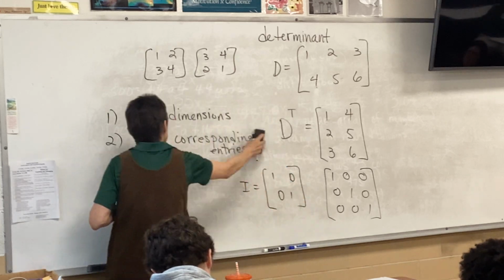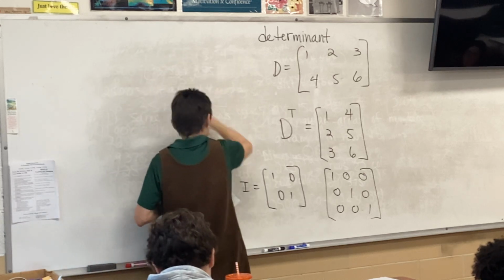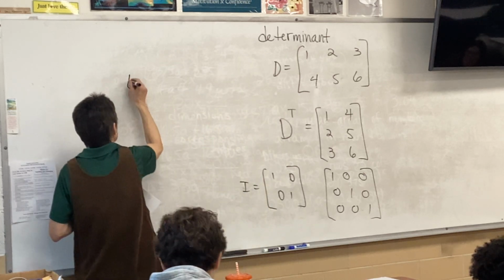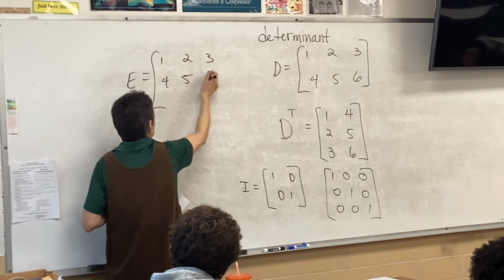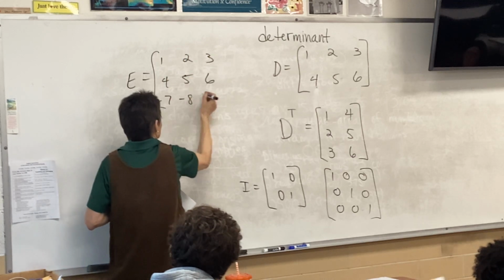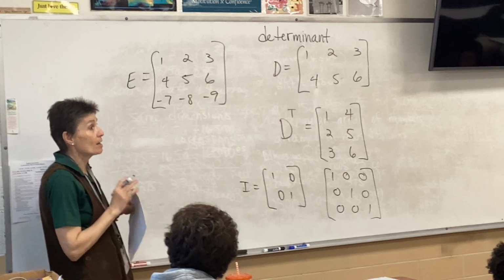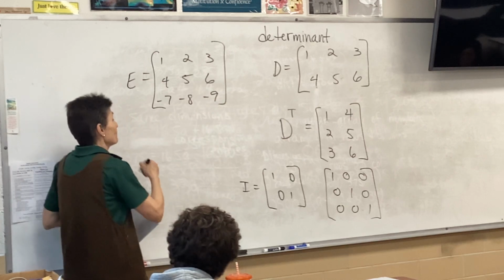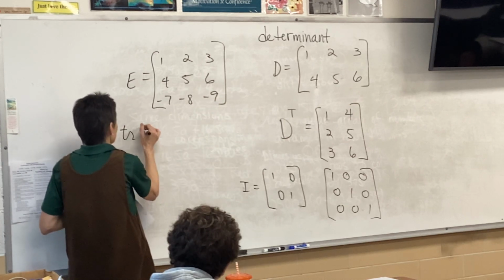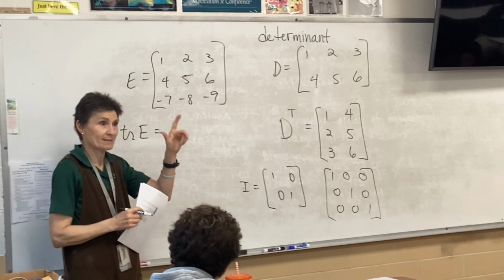The trace of a matrix only exists for squares. So I'm going to have to give you a square matrix here, 3 rows, 3 columns. And the trace of that matrix, it's easy to get trace and transpose mixed up.